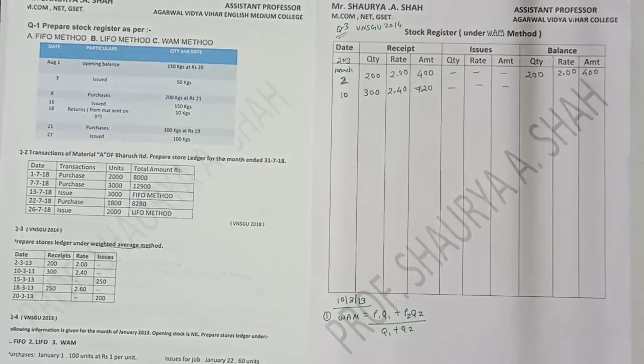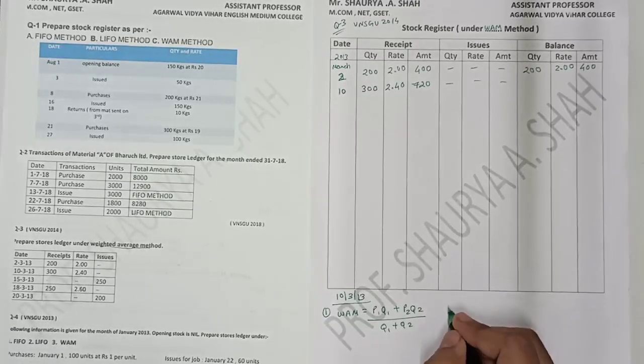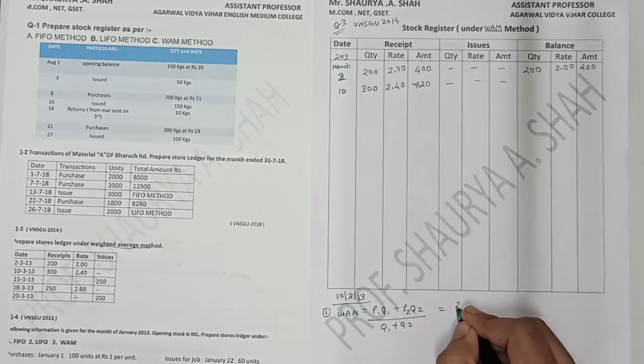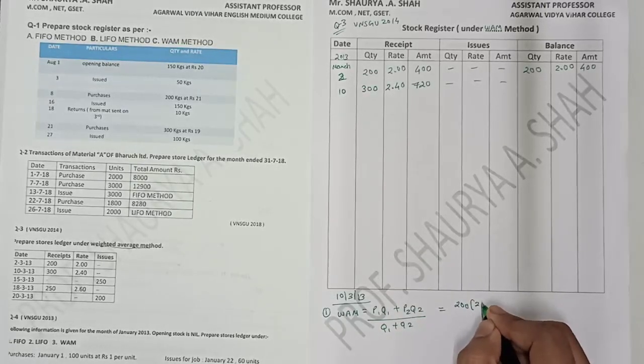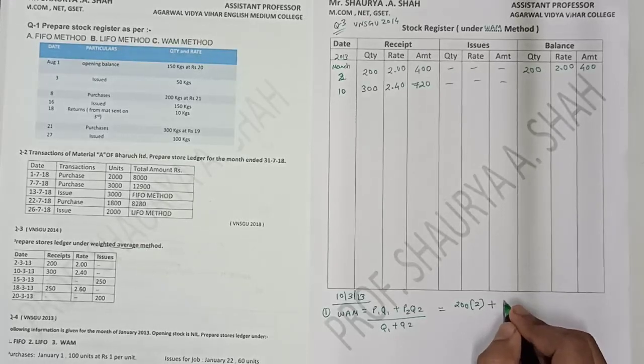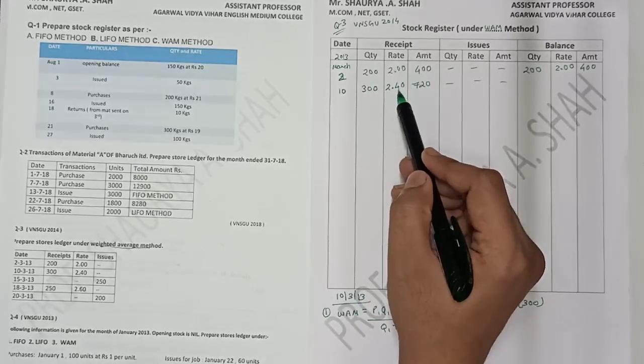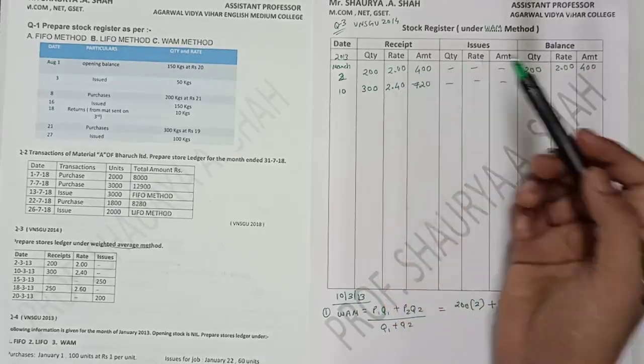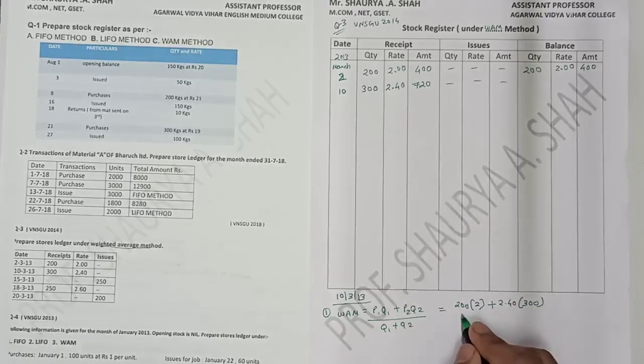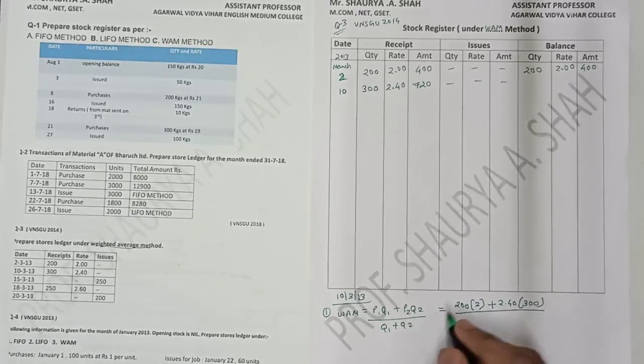So for 10th March, what is the quantity and the price? Q1 is my 200, P1 is 2, plus price P2 is 2.40 into Q2, 300, right? So I'll write down here upon Q1 plus Q2.